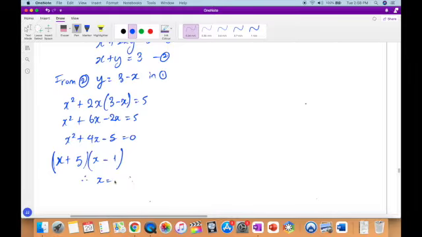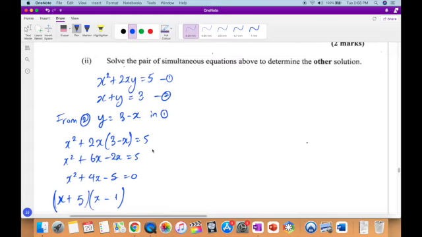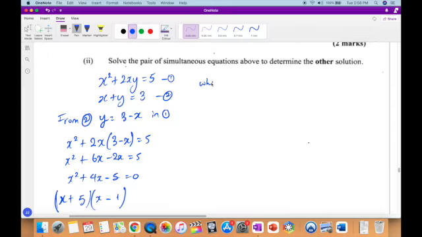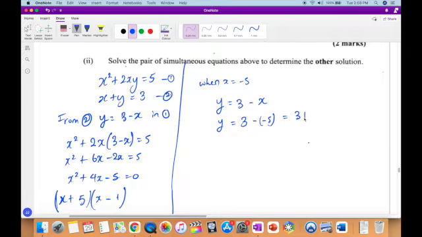Therefore we have x is equal to 1, which we saw before, and x is equal to negative 5. So when x is negative 5, we have y is equal to 3 minus x. So y is equal to 3 minus negative 5, which is 3 plus 5, which gives us 8. So therefore the solutions are (1, 2) and (negative 5, 8).